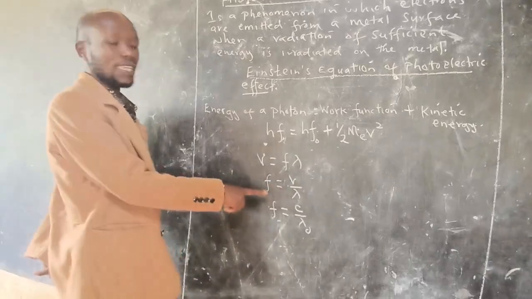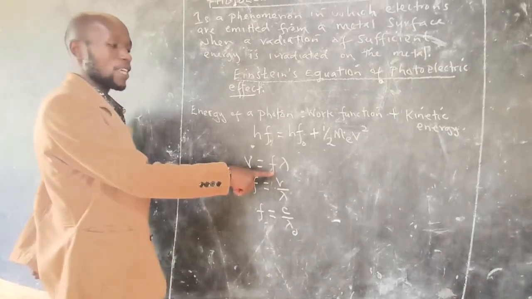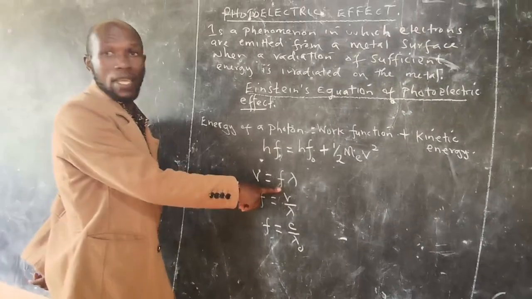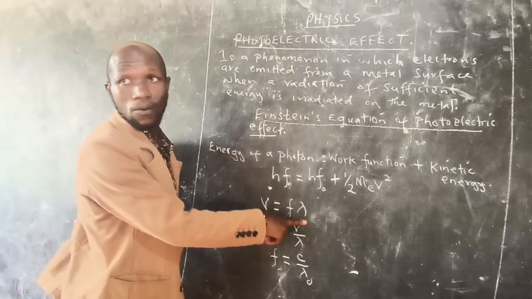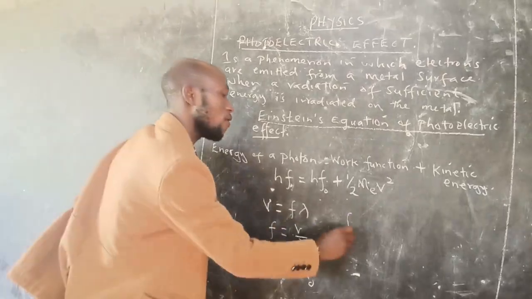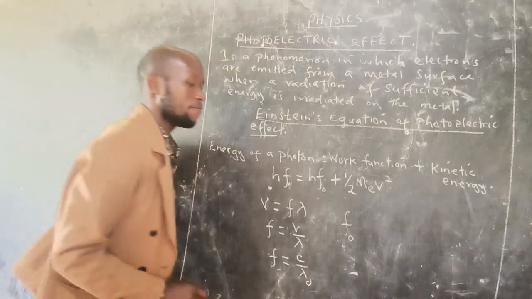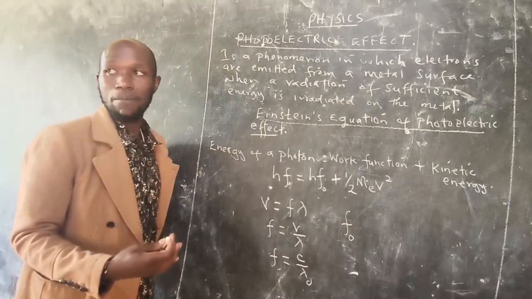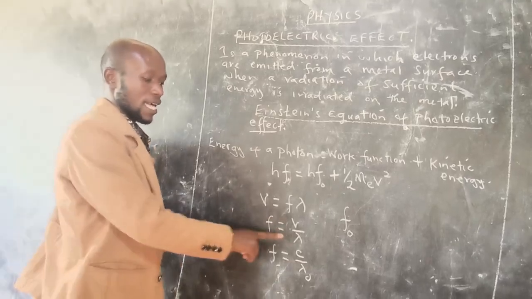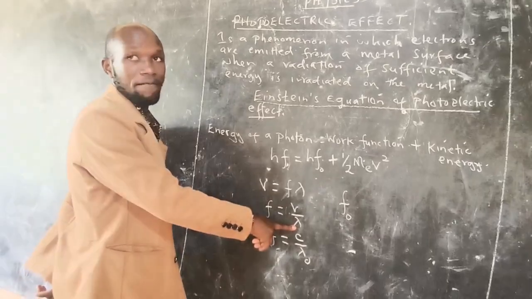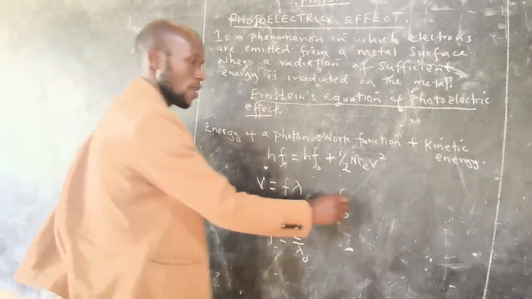Now, considering that our frequency is minimum, and coming to the relation between frequency and wavelength, for our minimum frequency we need maximum wavelength. The reason being, frequency and wavelength are inversely proportional.